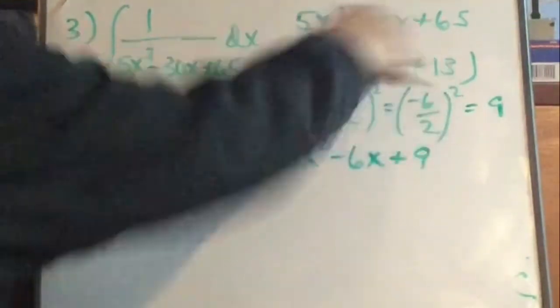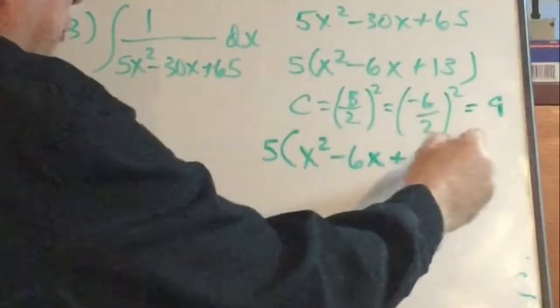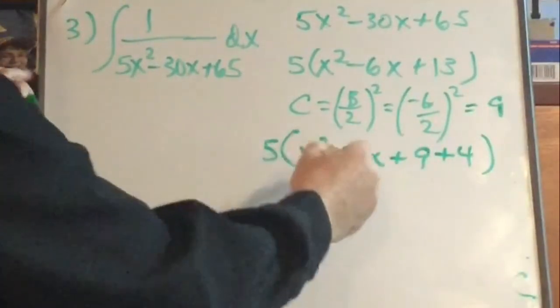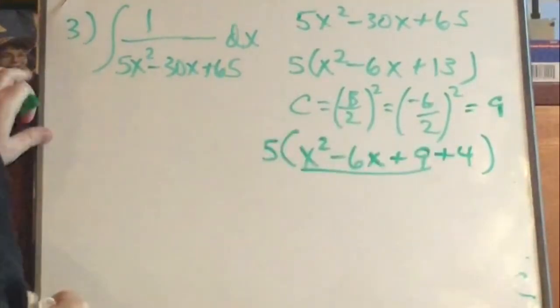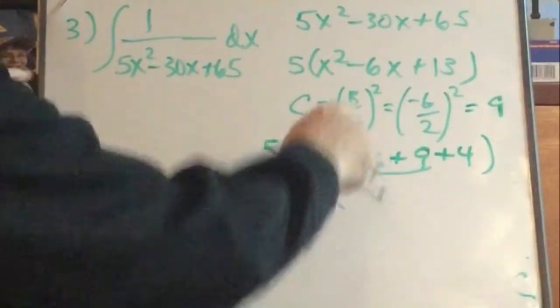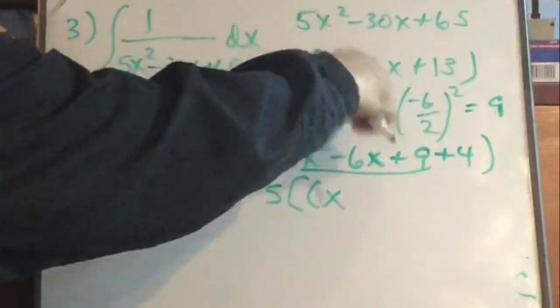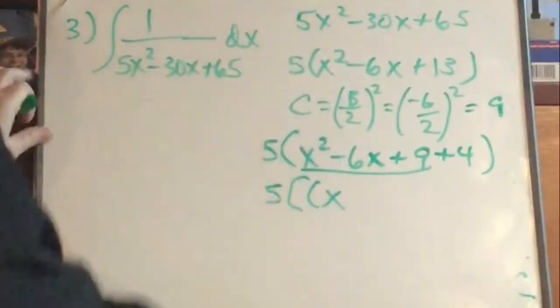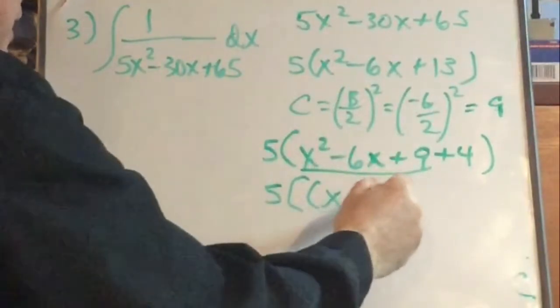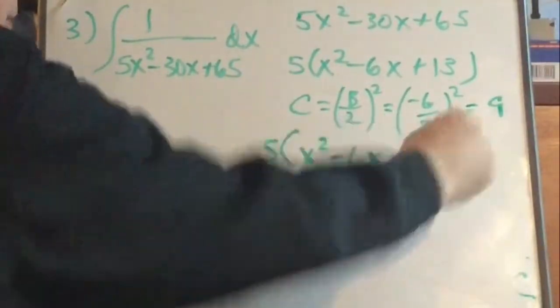But because it needs to equal 13, if I add an additional 4, it will equal 13. The trinomial that we have at the beginning is now a perfect square trinomial. It is x minus half of b, and b is always what you get after you factor the constant out in front. So b is negative 6, half of that is negative 3 quantity squared plus 4.